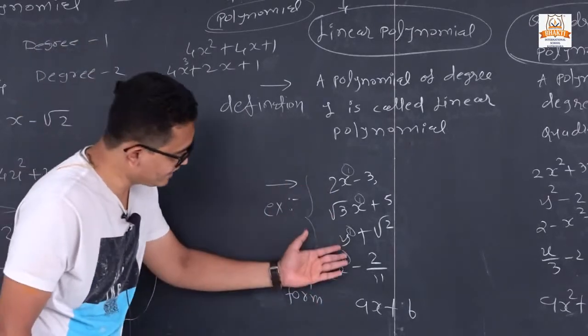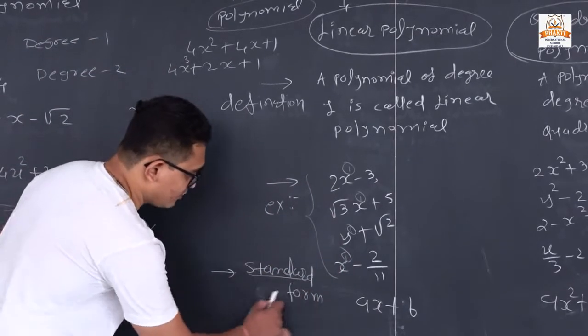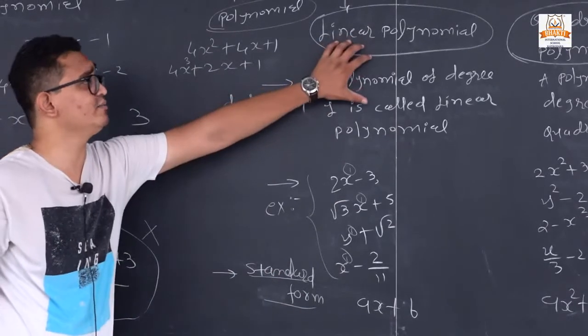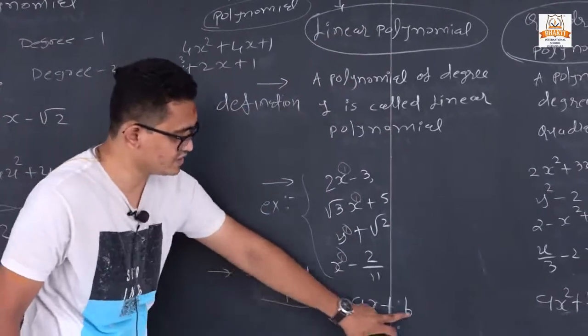From them we can also make its standard form. What is the standard form of a linear polynomial? It is ax plus b.